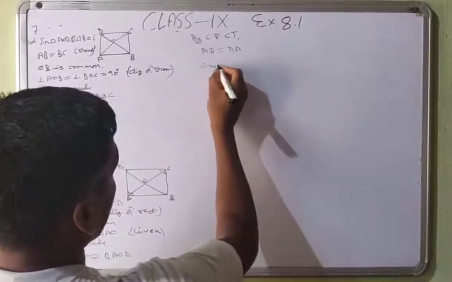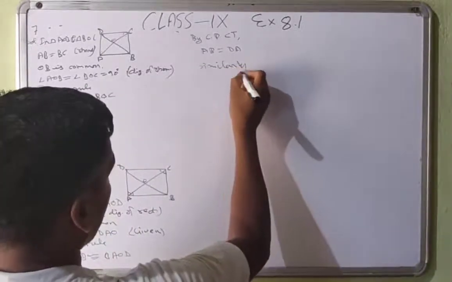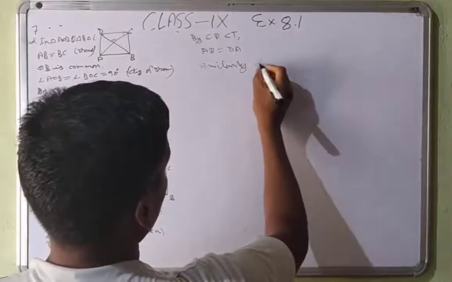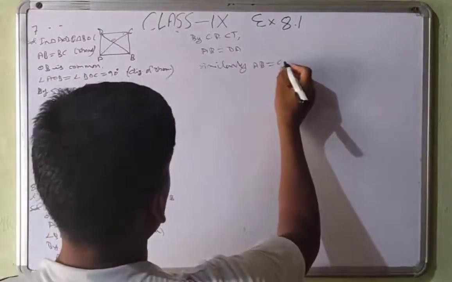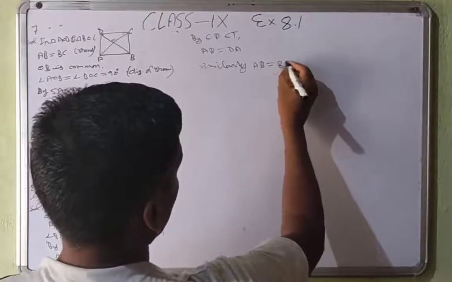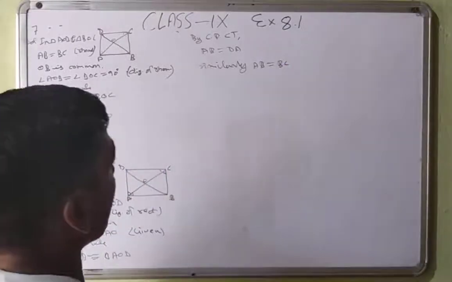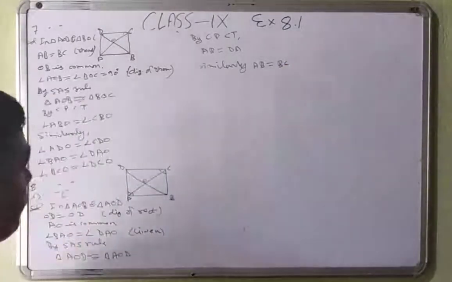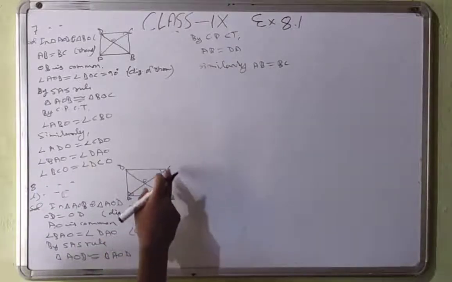Similarly AB is equal to BC. It means all sides are equal. Then we need to prove that the diagonals are also equal.